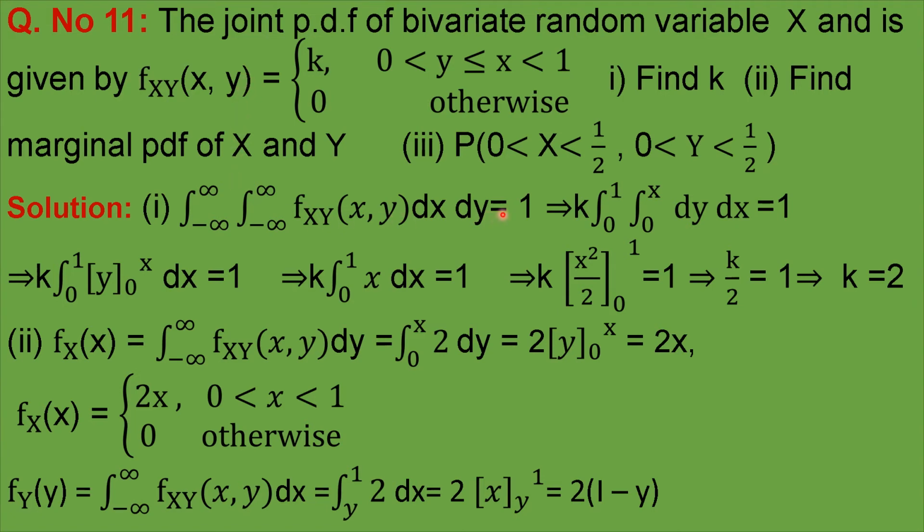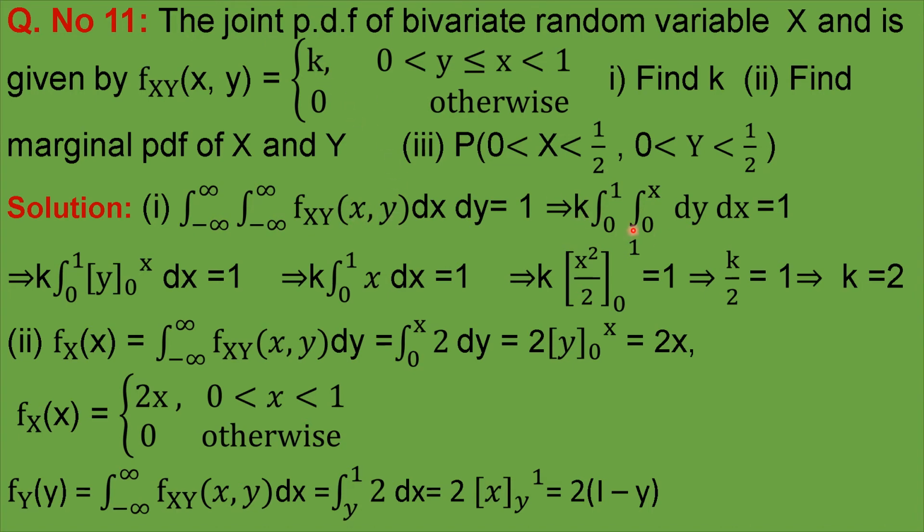So take that condition. Now here y is greater than 0, less than or equal to x. So the inner integral with respect to y is from 0 to x, and the outer integral with respect to x, where x varies from 0 to 1. The integrand f(x,y) is k.